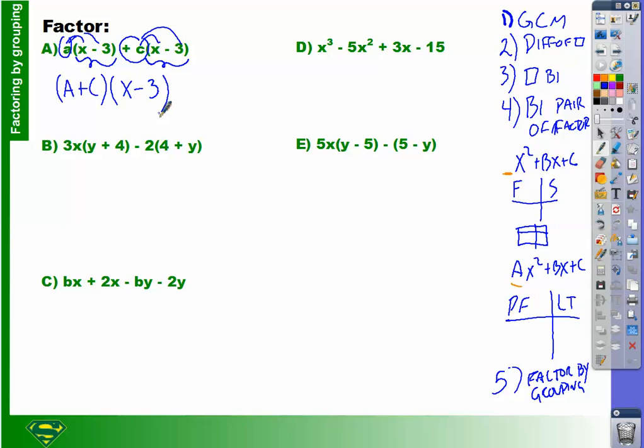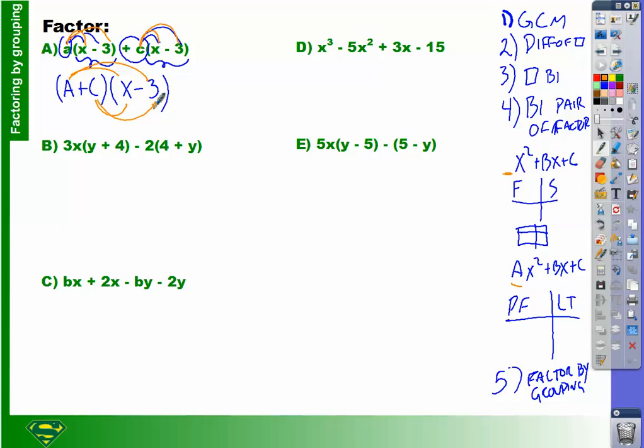Yeah, it would be a much simpler way of writing. And just to prove that it works out, you have a times x. That happens here. You have a times negative 3, which happens here. c times x, which happens here. c times negative 3. Oh, look at that. We just did the rainbows and smiley faces, didn't we?